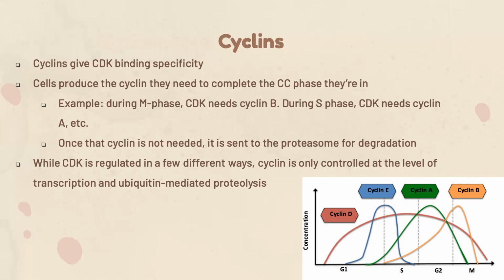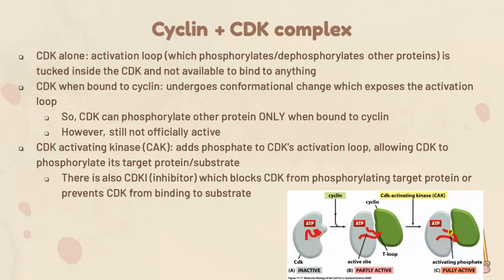During S phase, CDK needs cyclin A. You don't need to know exactly which cyclin is needed. Mostly you just say G1 cyclin, but that's just an example. And then if the cyclin's not needed, it is sent to the proteasome for degradation. So cyclins are regulated by transcription and ubiquitin-mediated proteolysis. So they're either created through transcription or destroyed. All right, so then cyclin and CDK together.